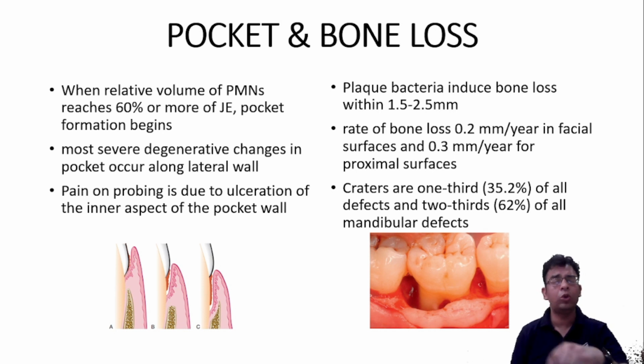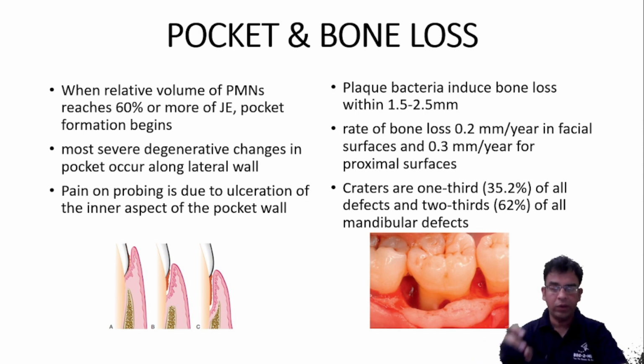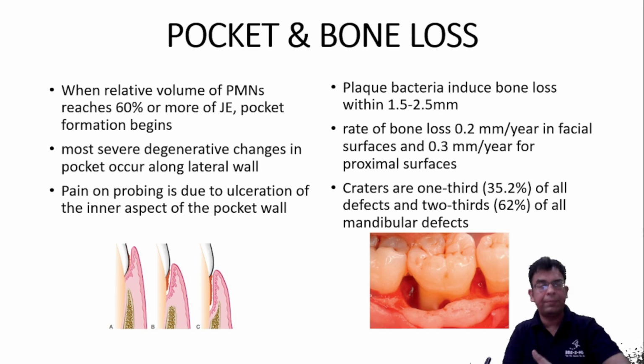About pocket formation, numerous questions can be asked from pocket, right? Especially in what region the pocket formation starts, in what area of the pocket most damaging changes occur, what happens, the mechanism, like where do PMNs reach, where do they increase, how does junctional epithelium detach from its attachment. Okay, so all that is important.